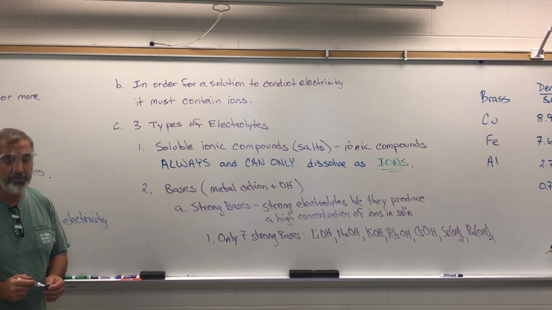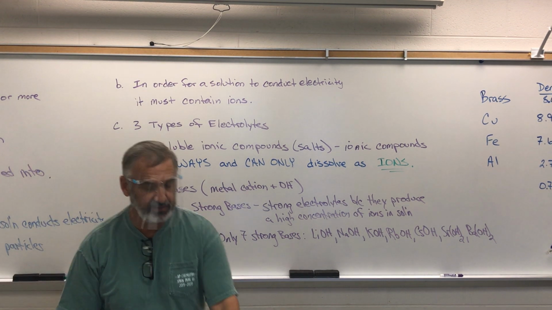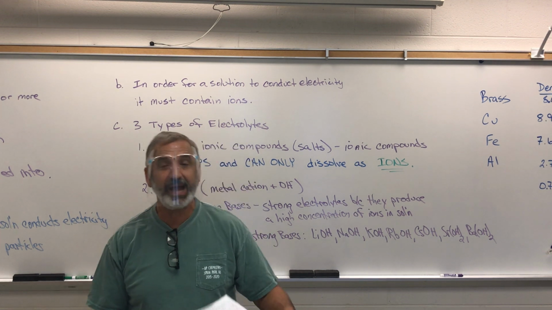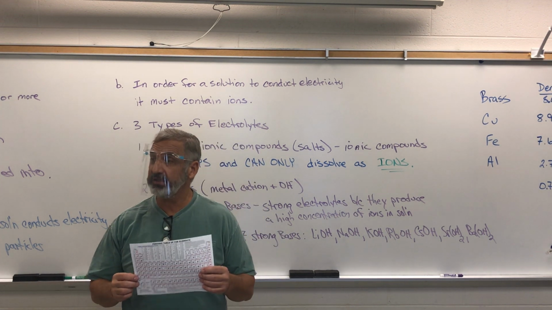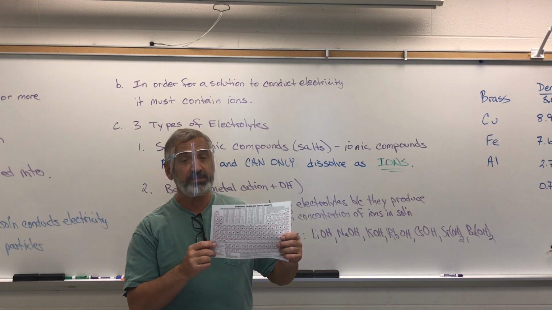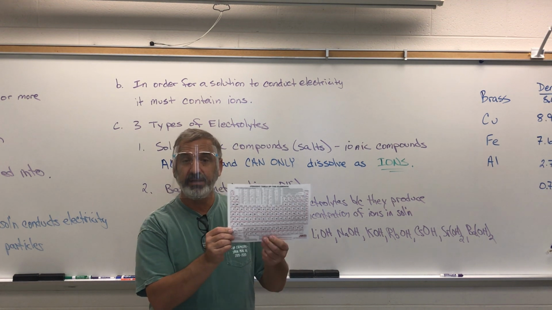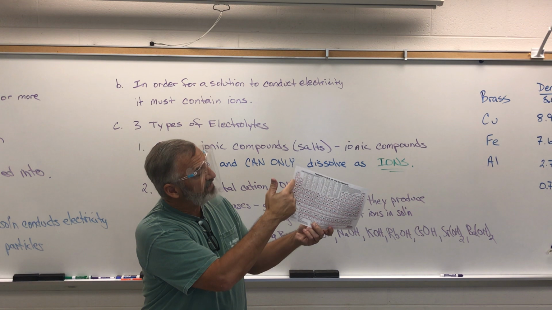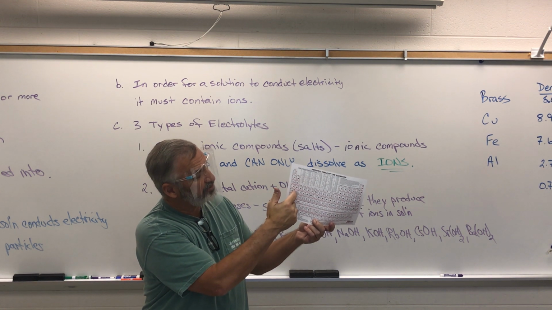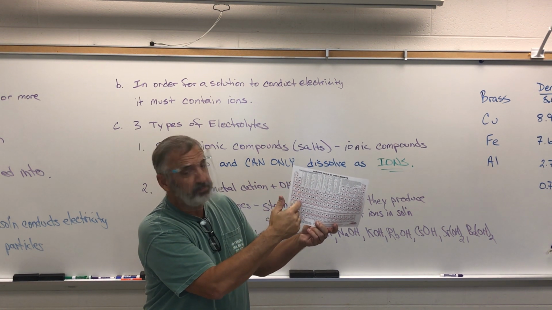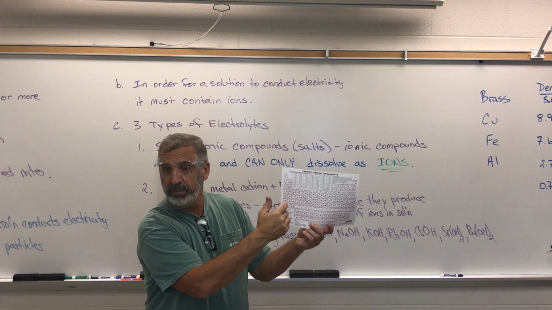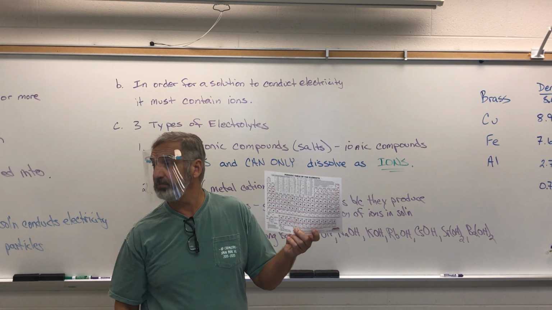Now, how do you know that they're the 7 strong bases? It's the alkali metals. Remember, alkali means basic. So it's going to make a block B on your periodic table. If you come down the alkali metals and then go to strontium and barium right here, you have a lowercase block b. That's your 7 strong bases.